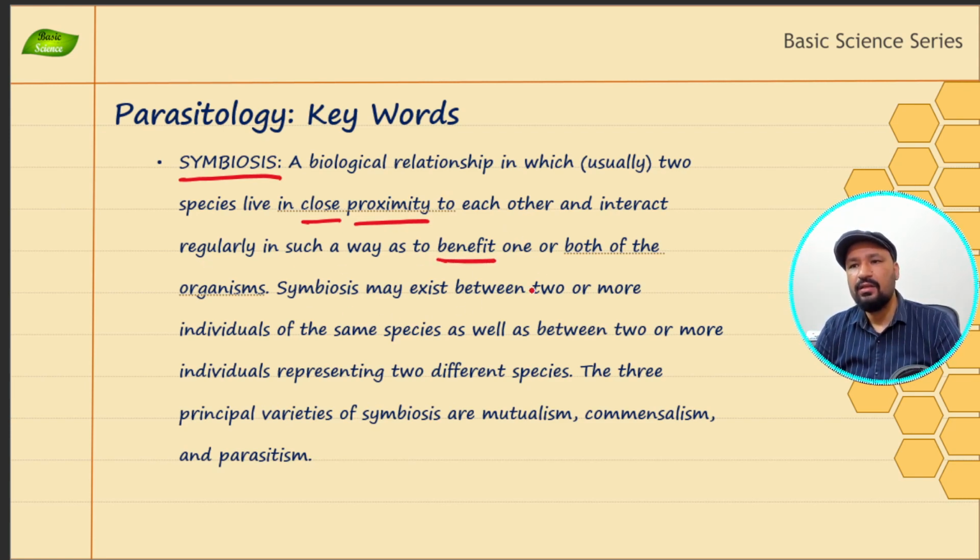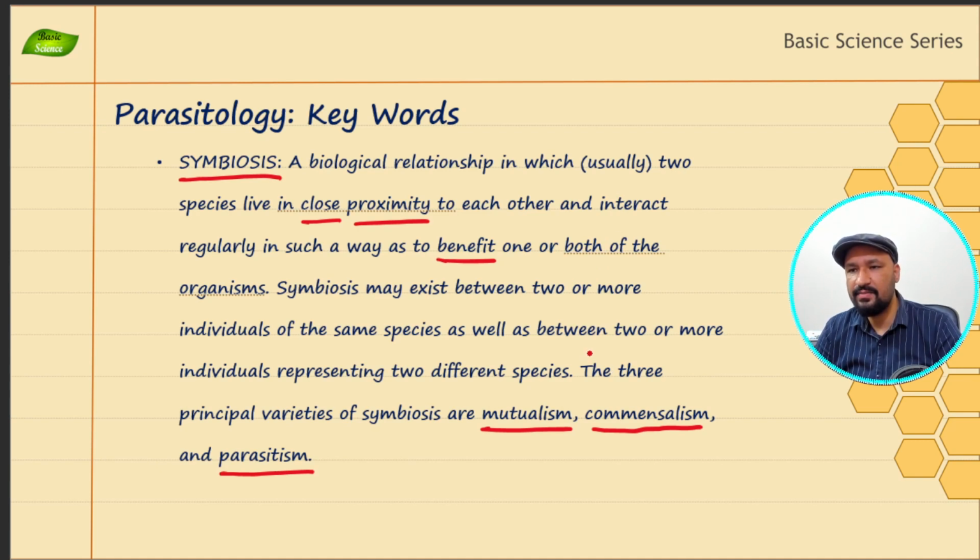Correct? So I think that clarifies various things, and you have different types of these relationships. Mutualism is there, commensalism is there, and then one is parasitism. These are all kinds of different relationships between organisms, especially when we talk about symbiosis, when there is a benefit going on, right?